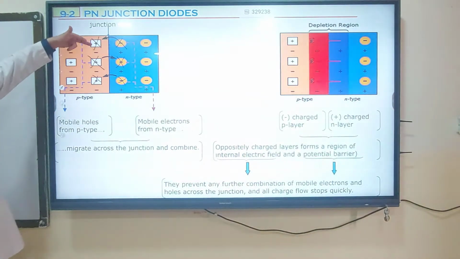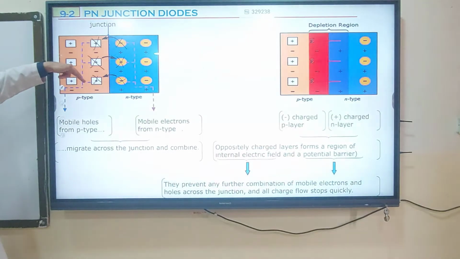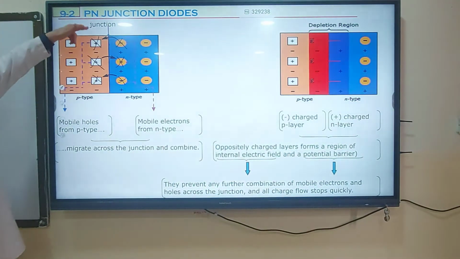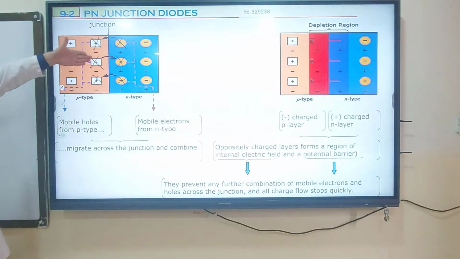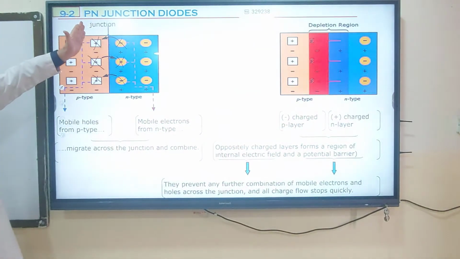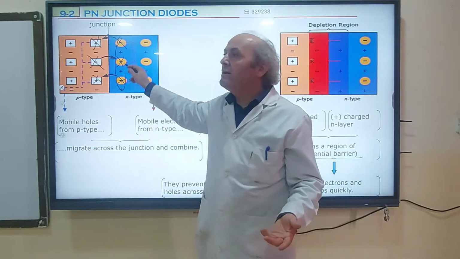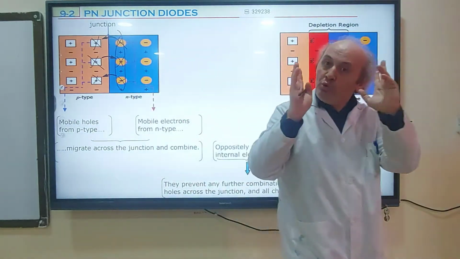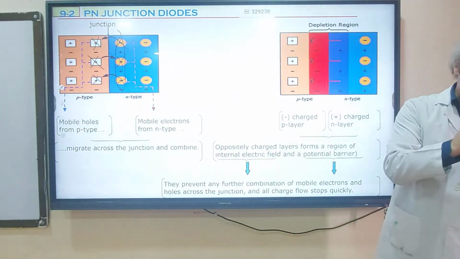Initially, there were equal numbers of positive and negative charges in this p-type, but now positives are destroyed. This layer becomes only negatively charged. This layer becomes only positively charged. So two layers will be formed when we combine them.